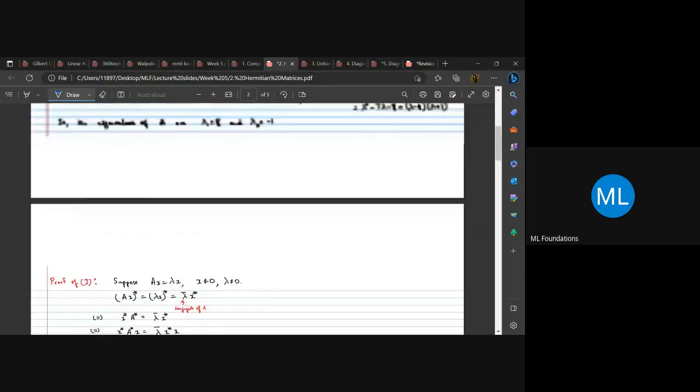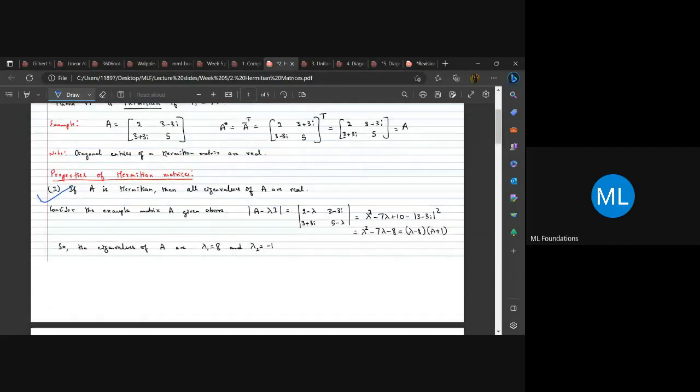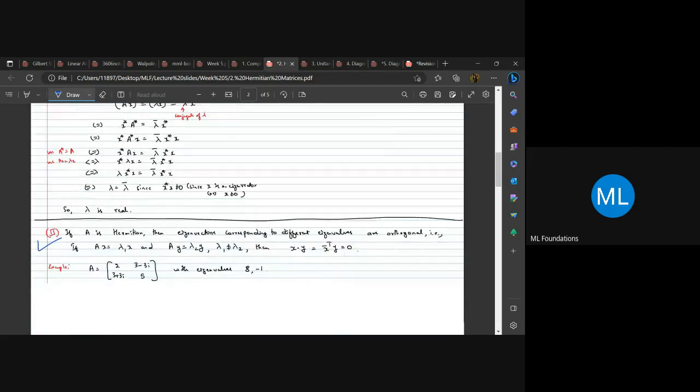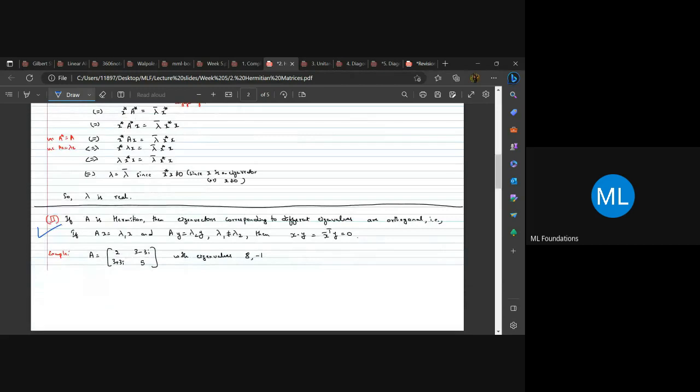So we saw two properties of Hermitian matrices here. The first is, if the matrix is Hermitian, eigenvalues should be real. Second, if your matrix is Hermitian and your eigenvalues are distinct, then corresponding to distinct eigenvalues you will get distinct eigenvectors, and those eigenvectors will be orthogonal to each other.